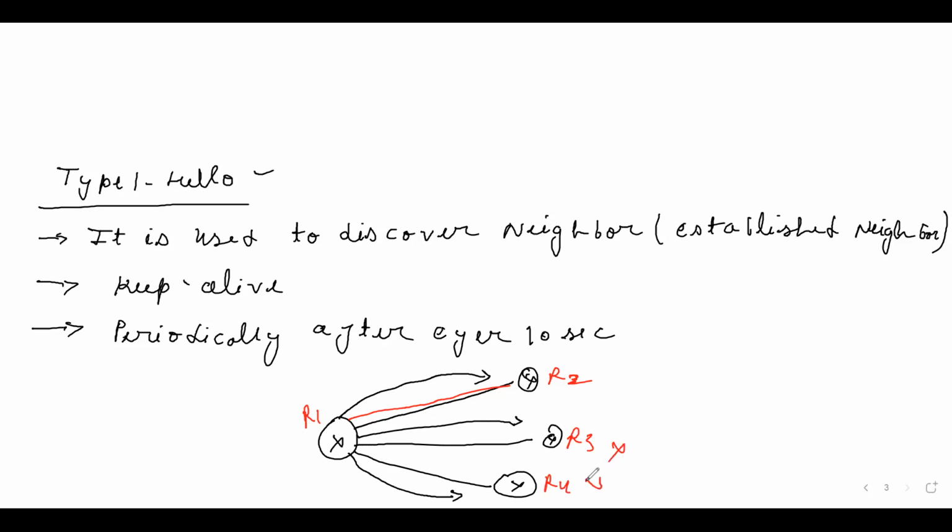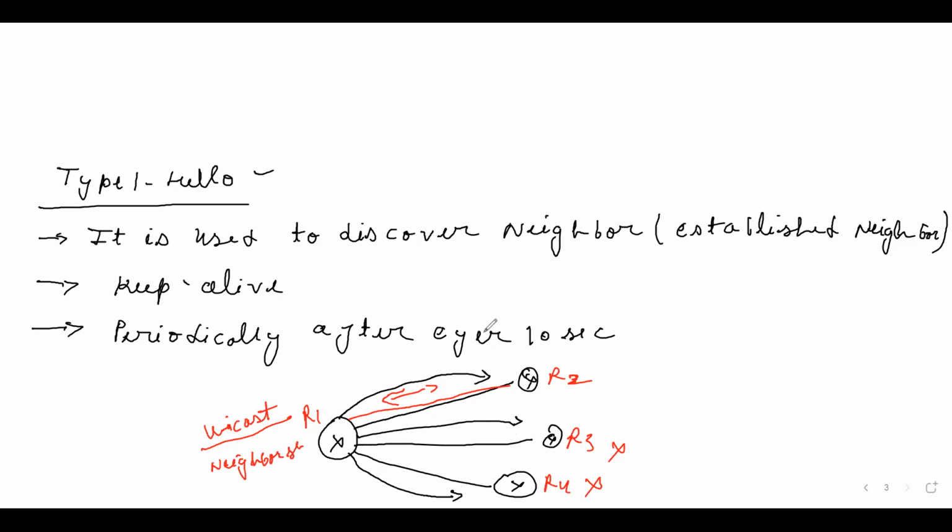OSPF can make neighborship with R1, R2, R3, R4, but I want just this one neighborship. This kind of single neighborship we call unicast neighborship. Unicast means point to point, only two devices.